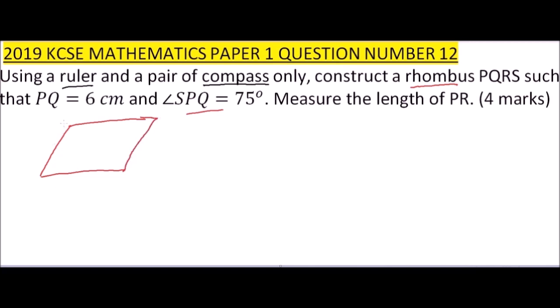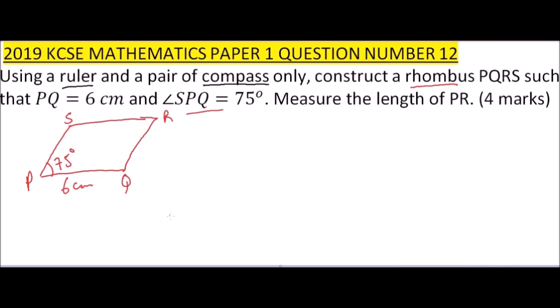Since angle SPQ is 75, we can say this is our S, that is our P, Q, and R. This is 6 centimeter and this angle is 75. So that is very important, so that when you are constructing, you know where to place each and every point. So from there, let's go ahead and now construct our rhombus.